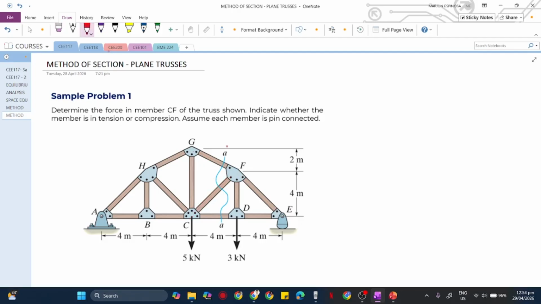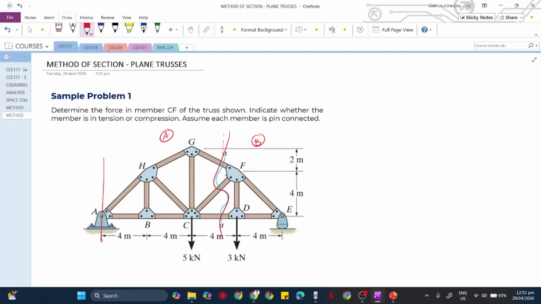Now, you can see there is an imaginary curve which is passing through these members. By passing through this line, we can have two separate sections. This section, from here to here, we can call section A. Then we also have this section, from here to here, so we have a section B. You can choose which section you will be using.